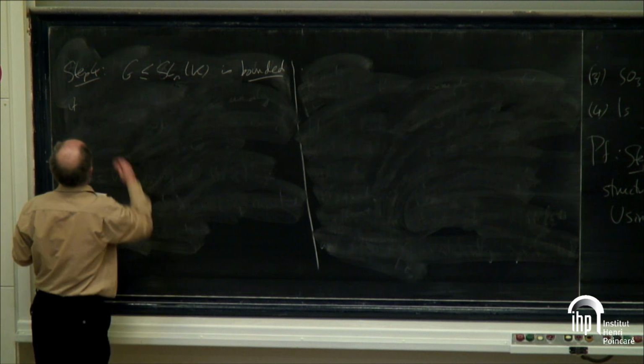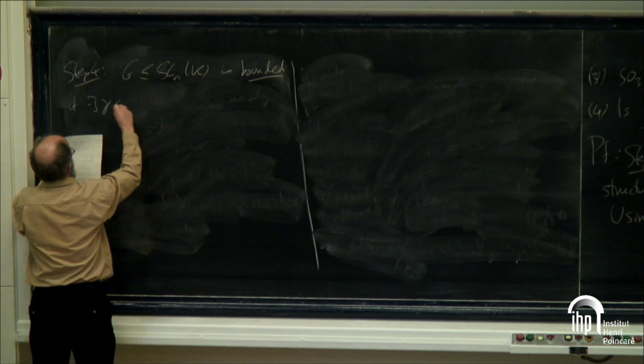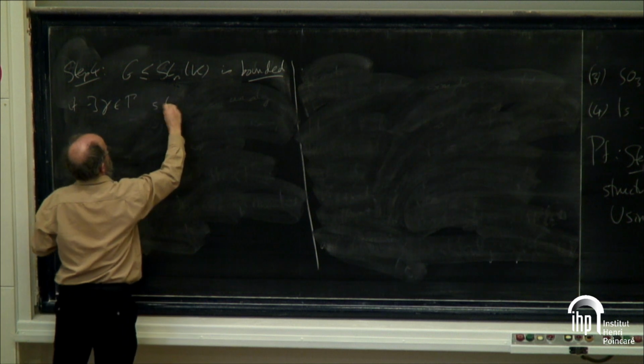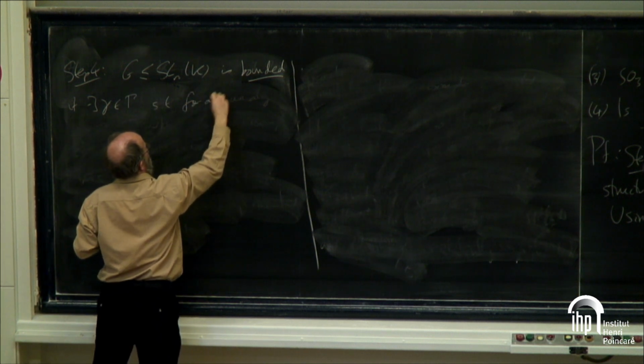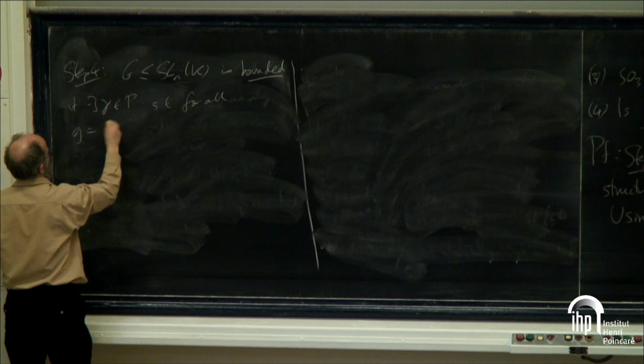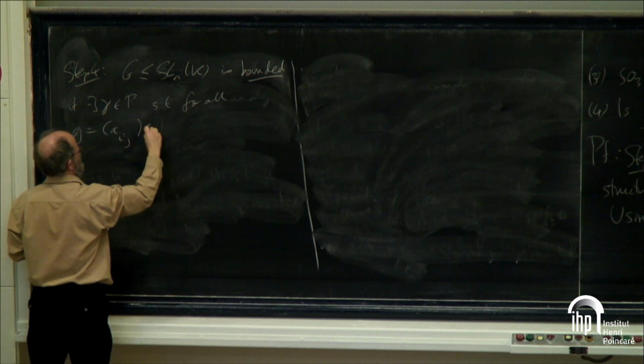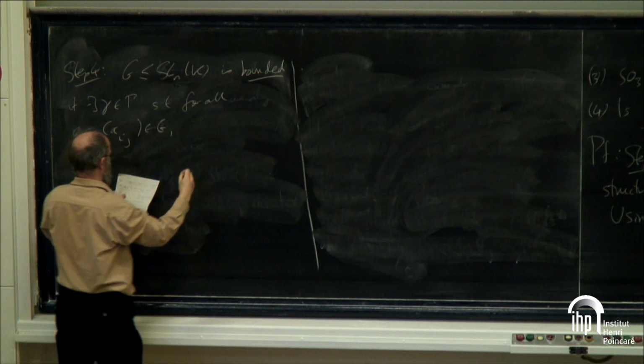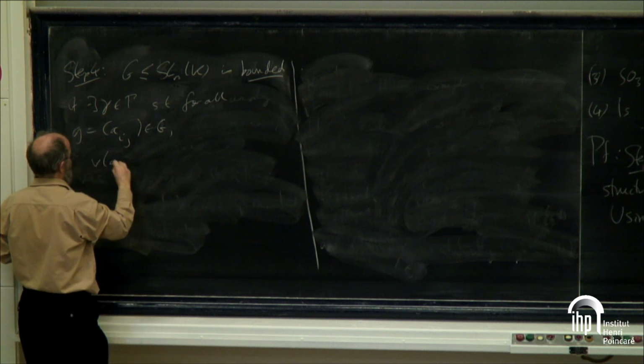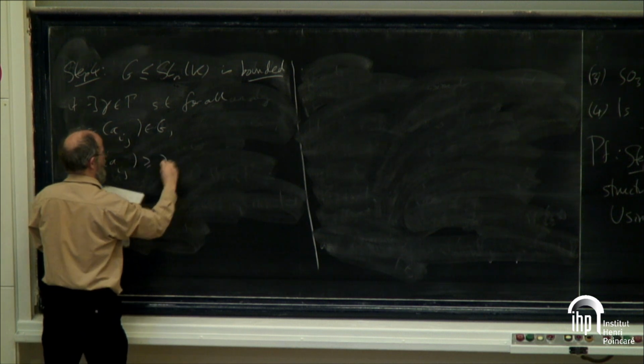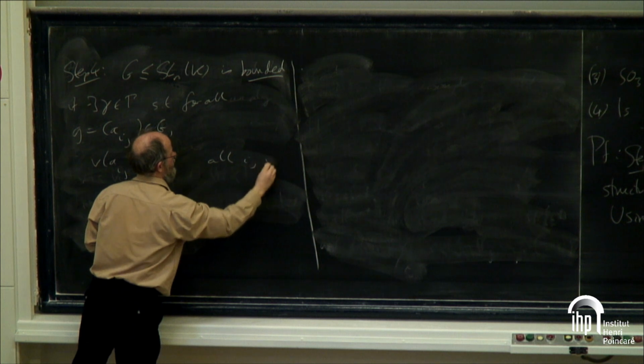This is a group of matrices. So if there exists gamma in the value group such that for all g, written as a matrix (a_ij) in G, the value of a_ij is greater than gamma for all i and j.